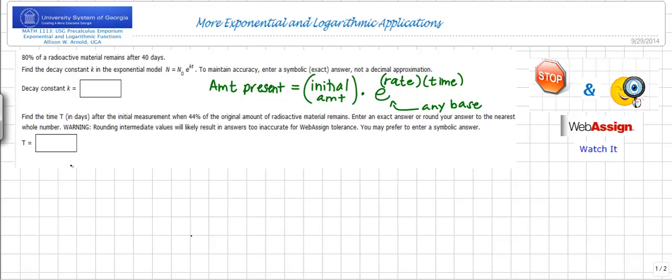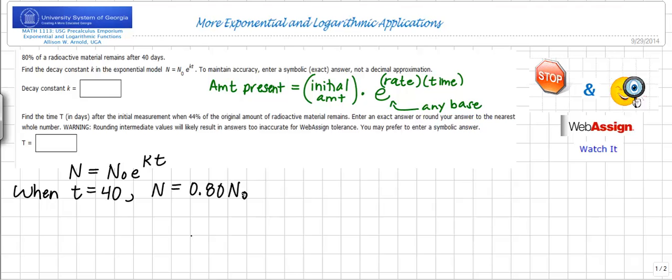Okay, using the formula that you're given for this first part, what you know is that when t is 40 days, the amount N is 80% of what you started with.